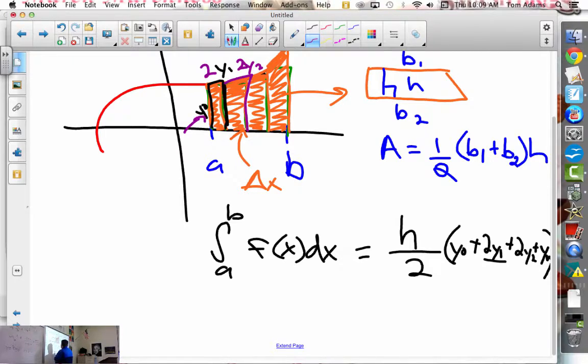But the one in the front only gets counted once, and this line on the end, y sub n, only gets counted once. But all the ones in between get counted twice. And so that just comes from calculating the area under the curve. And your calculator can do this. And actually, your calculator does that. Well, let's do an example, and then we'll compare it with the calculator.